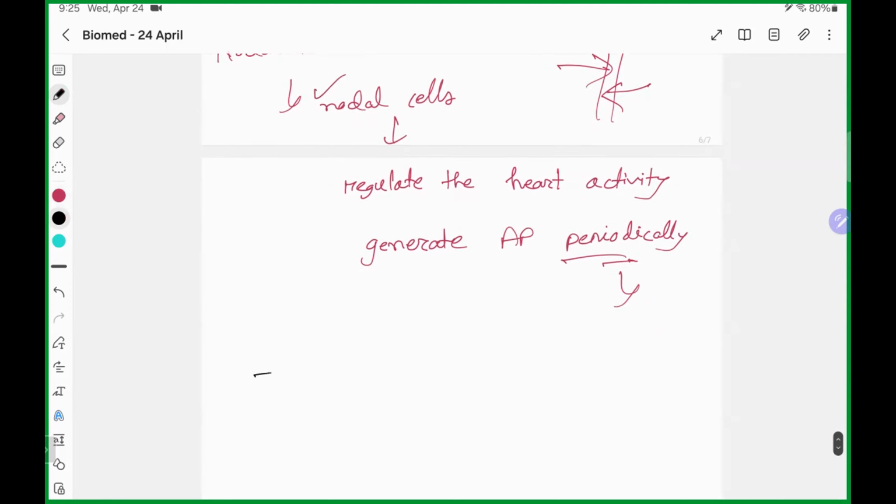Let's move a little bit forward. So you see these nodal cells, they actually regulate this process, and they do it spontaneously. Spontaneously means we don't control this process. They automatically perform this at regular intervals.